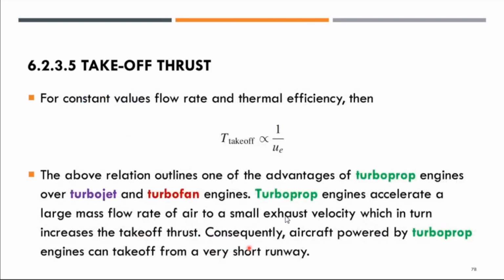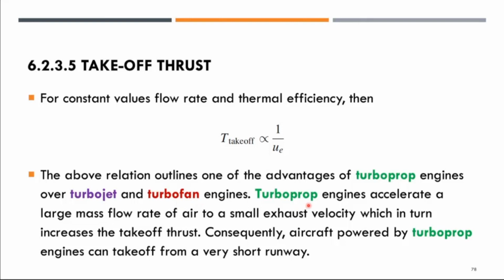Right? For a constant mass flow rate and thermal efficiency, the takeoff thrust is proportional to 1 over UE, the exit velocity. And the above relations outline one of the advantages of the turboprop engine over the turbojet as well as the turbofan engine.